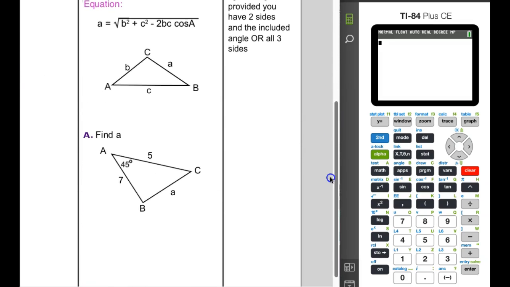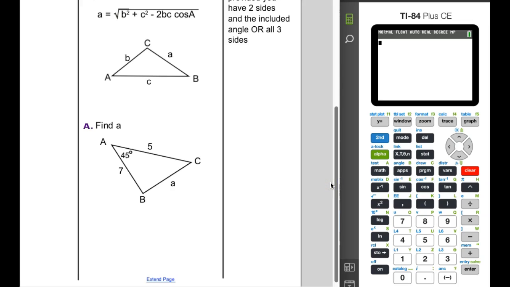Here we need to find side length A. If we're trying to find side length B, that A will turn into a B, B squared will turn into A squared, and 2bc will change accordingly. They all interchange with each other. Basically, whatever side length you're trying to find, you use the other two side lengths and the angle opposite.